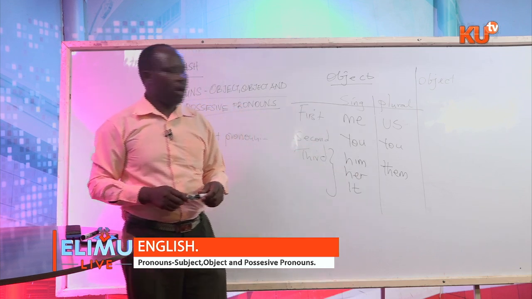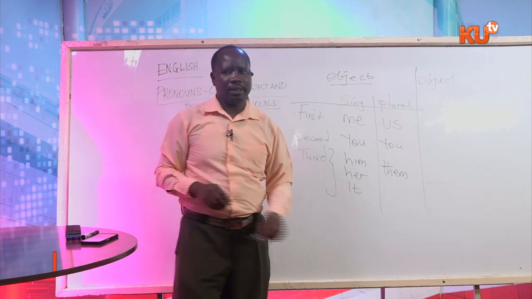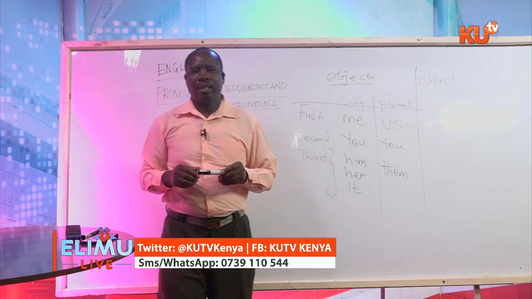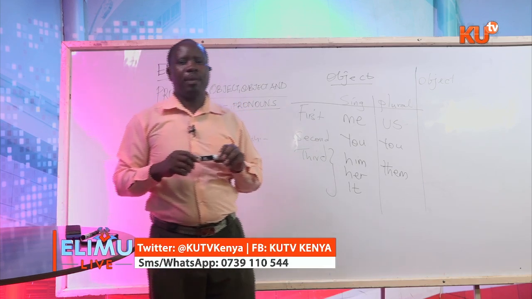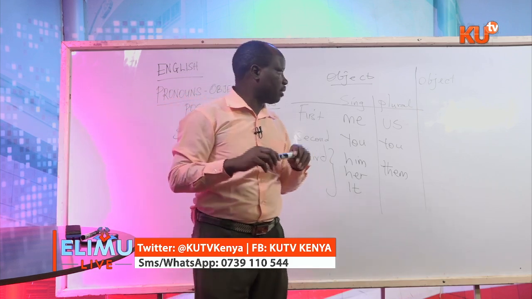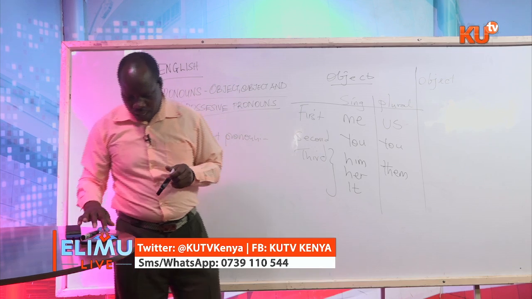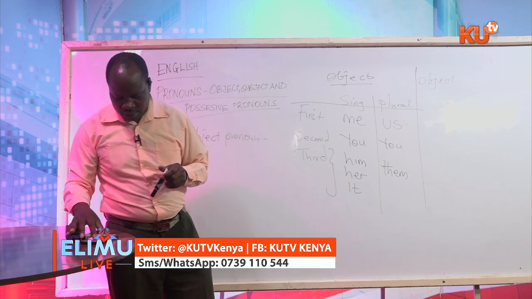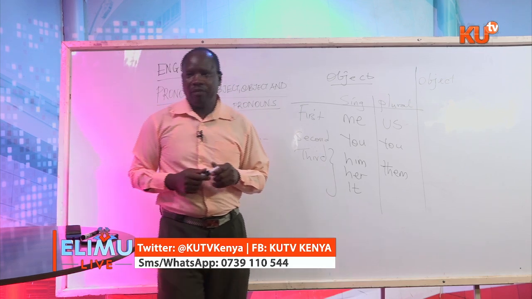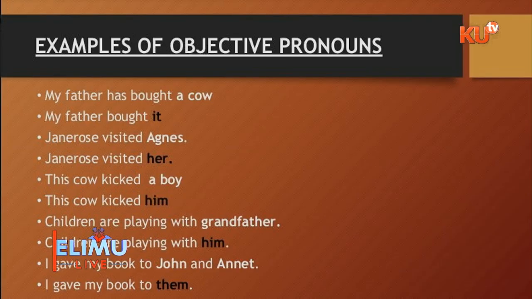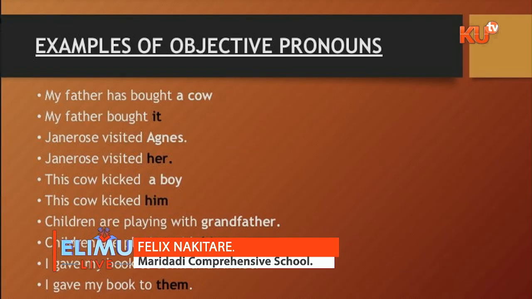Let's go to our examples of sentences and look at how we can replace nouns, that is, nouns in the position of object. We replace them with pronouns. Examples that we have in our sentences. The first one, my father has bought a cow. There we have two nouns.